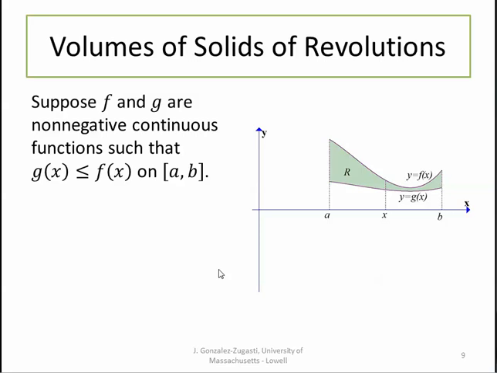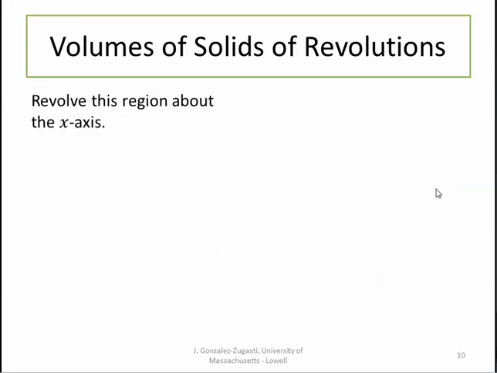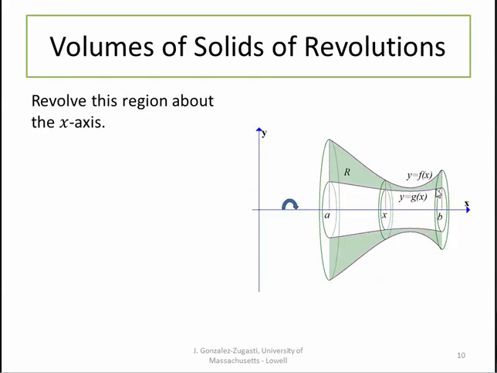Let R be the region enclosed between the graphs of these functions and the lines x equals a and x equals b. We're going to take this region and revolve it around the x-axis. When we do that, it generates a solid having washer-shaped cross-sections.